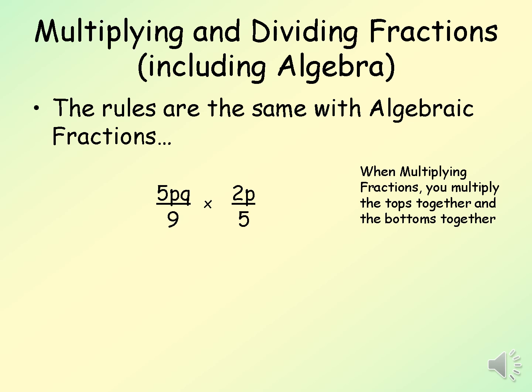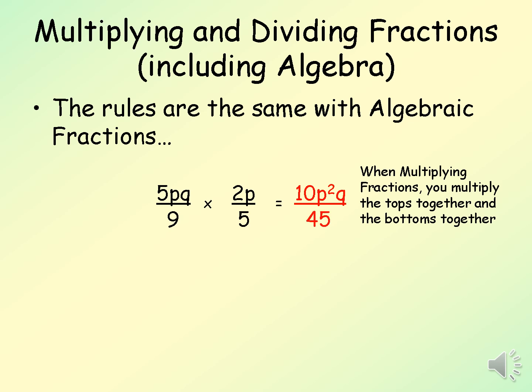Okay, so we have 5 times 2, which is 10. Then we must multiply q by p. Well, there are two lots of p, so p times p is p squared, and then in q there's nothing to times that, so the top line becomes 10 p squared q, and the bottom of course is 9 times 5, which is 45.